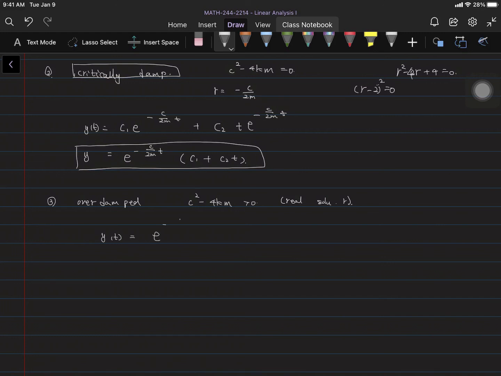Here should be e to the negative c over 2m t, that's the real part, and then another real part, c2 e to the negative mu t. And the same thing, mu equals this.